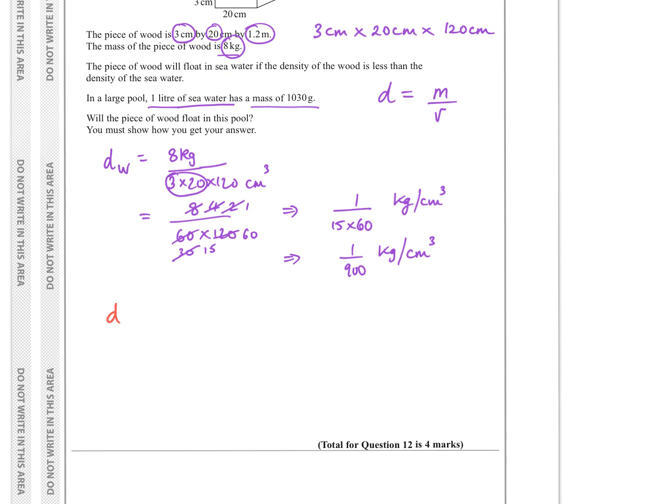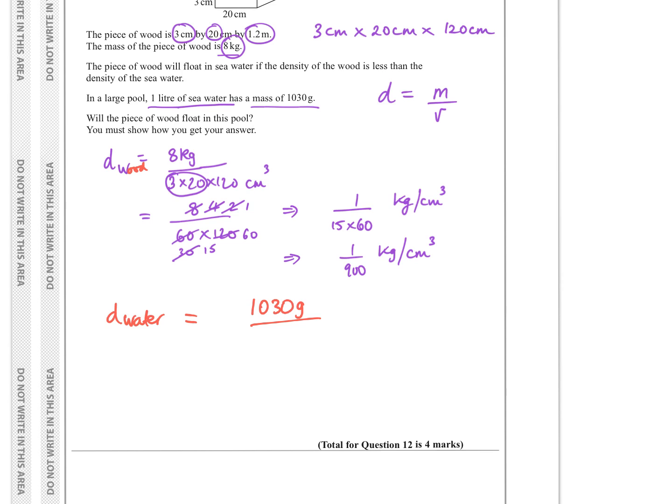So the density of the water now, this being wood here, is going to be the mass, which is in grams now, so 1030 grams, over the volume, and the volume is 1 litre.